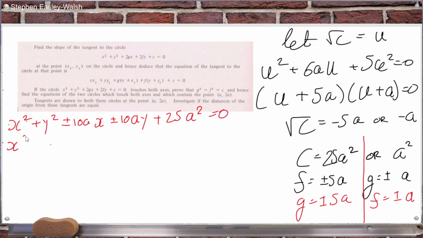And then the other one is x squared plus y squared plus or minus 2a x plus or minus 2a y plus a squared equals 0.